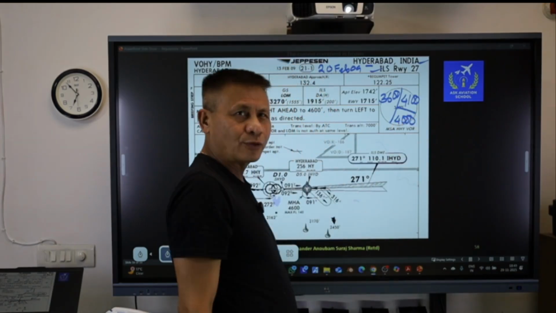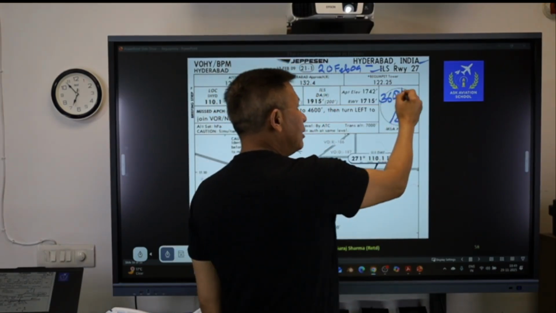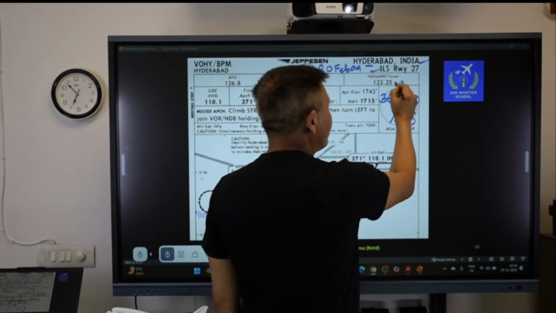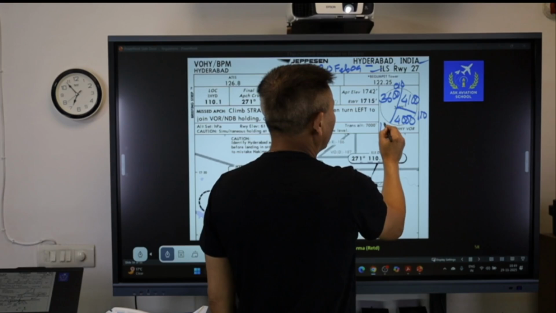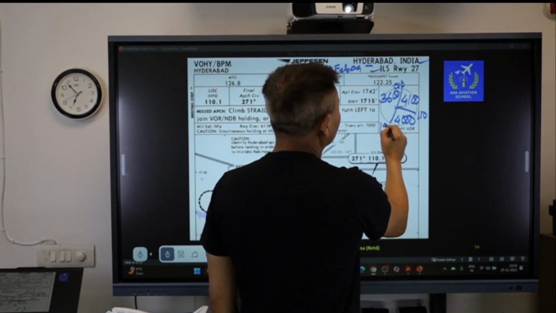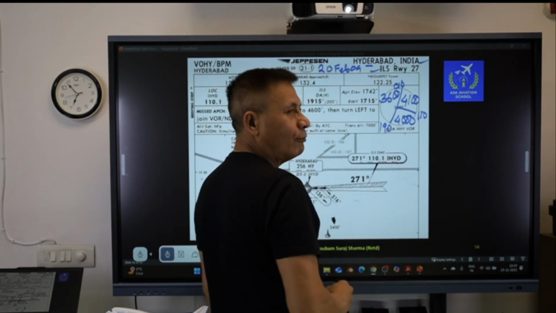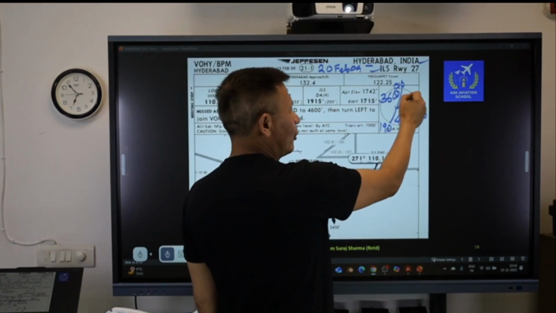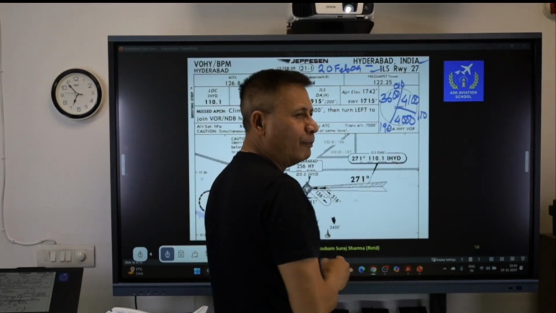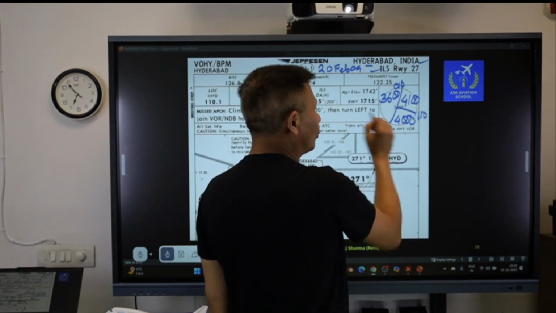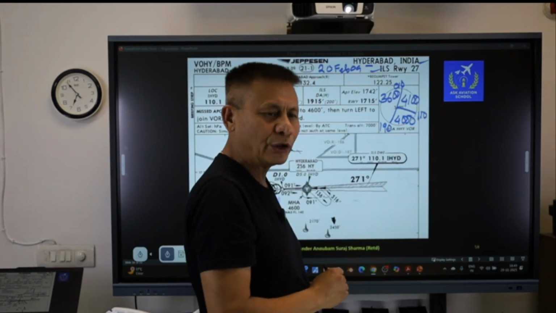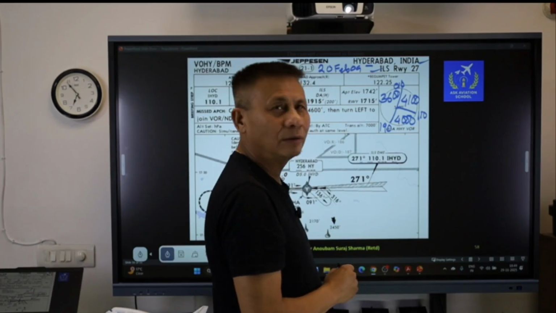So this means that in this sector, which is marked from 010 to let's say 110, and this is 190: from a track of 010 to 110, the minimum safe altitude is 4,100, and from 110 to 190, the minimum safe altitude is 4,000 feet.